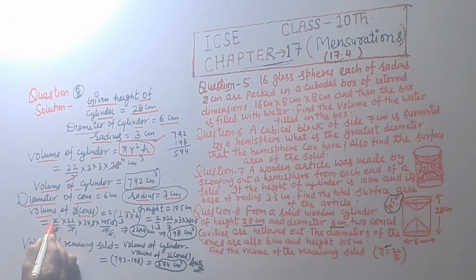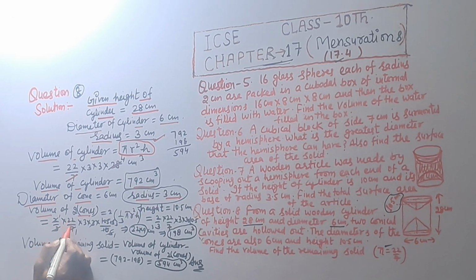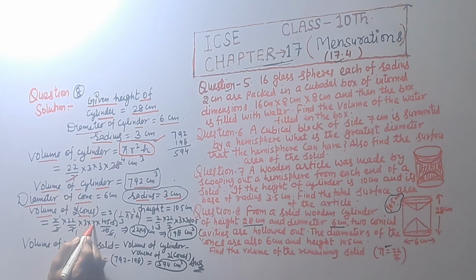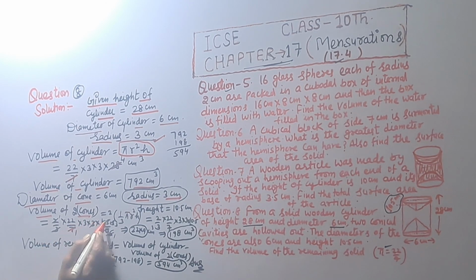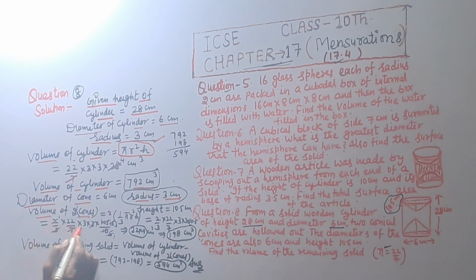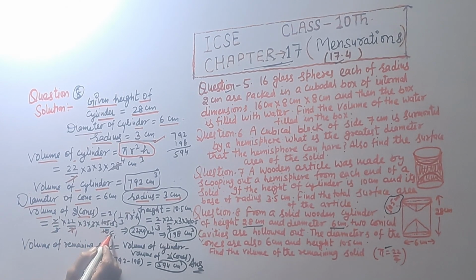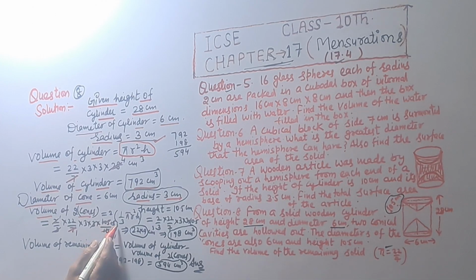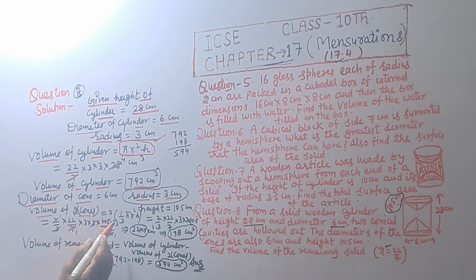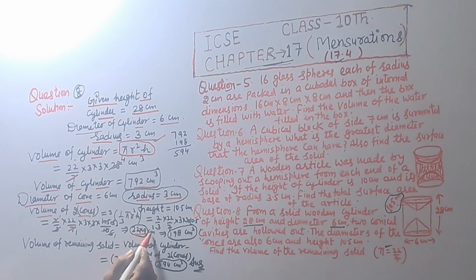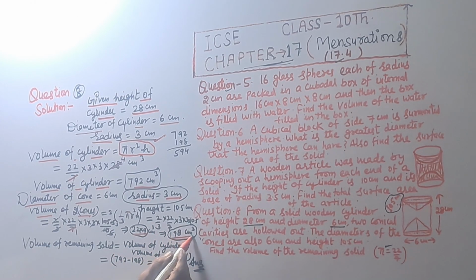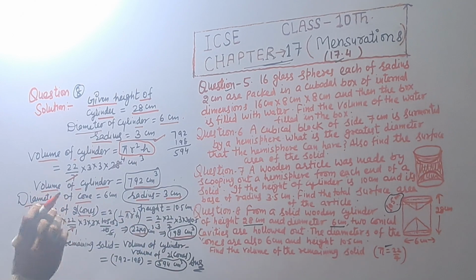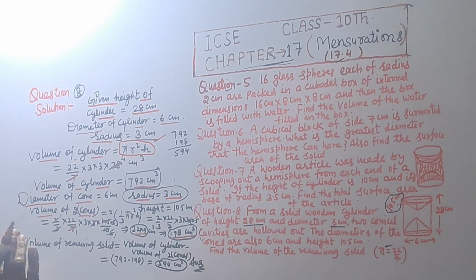So 2 upon 3 into 22 upon 7 into 3 into 3 into 105 upon 10. 7 1s are 7, 15 7s are 105, and 2 1s are 2, 5 2s are 10, 5 1s are 5, 5 3s are 15, 22 into 9 centimeter cube, we get 198 centimeter cube. Its volume of two cones.